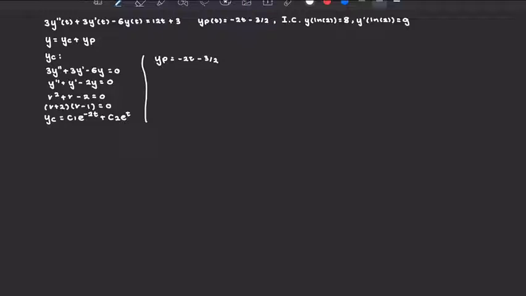So after we got yc and yp, remember everything is just y equals yc plus yp, which is C1 e to the negative 2t plus C2 e to the t, minus 2t minus 3 over 2.